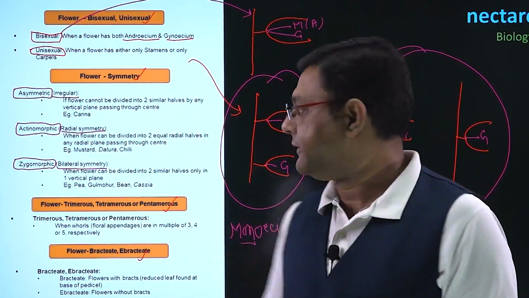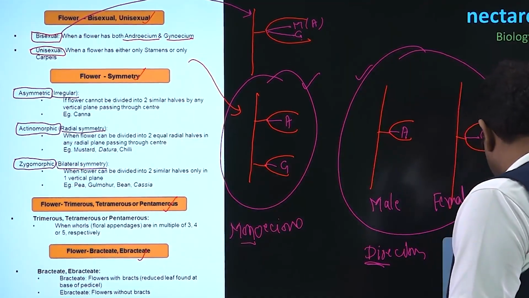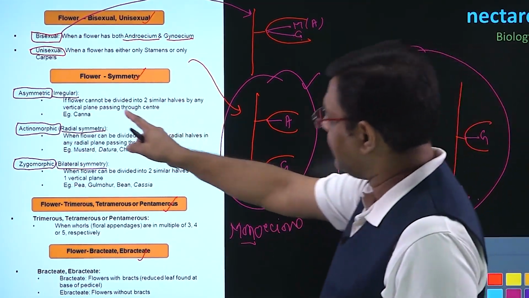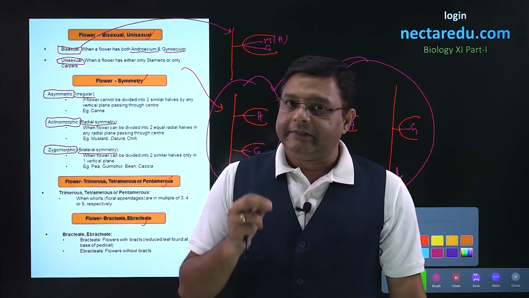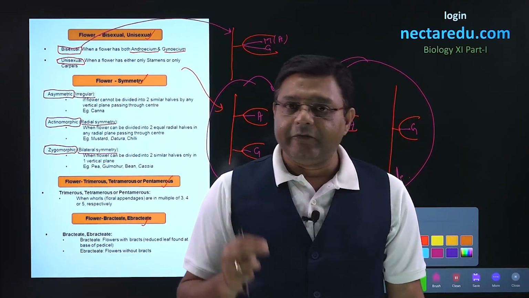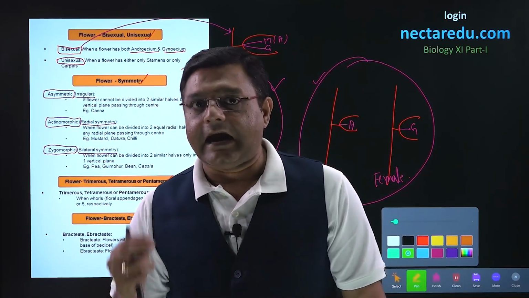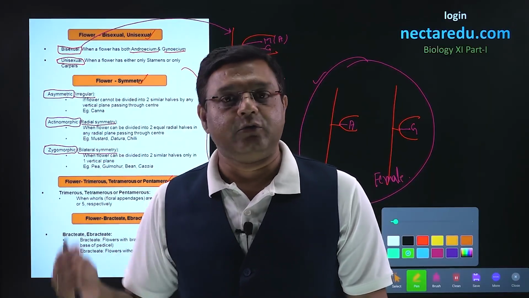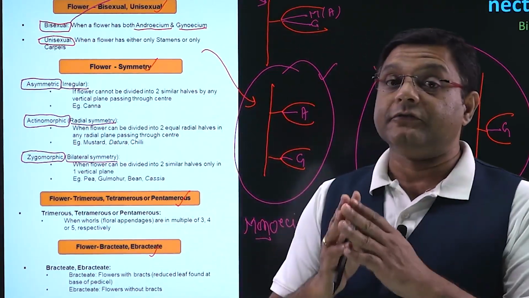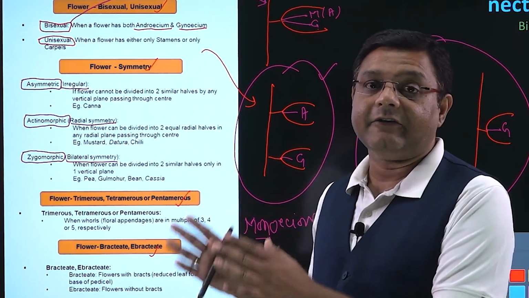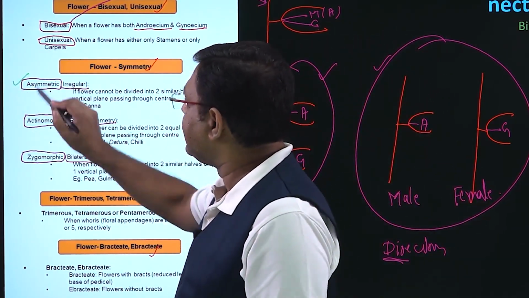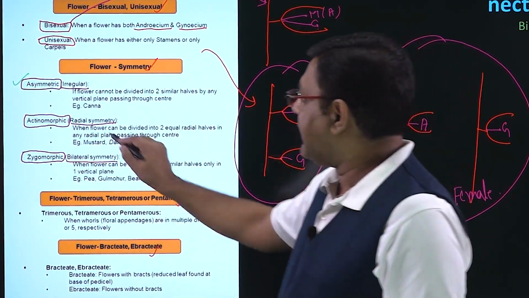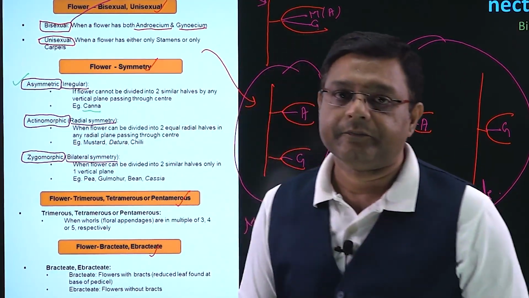Now, the first symmetry that we talk about is the asymmetric one. Now, in the case of asymmetry, there will be no plane which passes through the center and can divide the flower into two parts. So, if there is no plane that can divide flower into two equal parts, then we call this case as asymmetric, and example is canna flower.